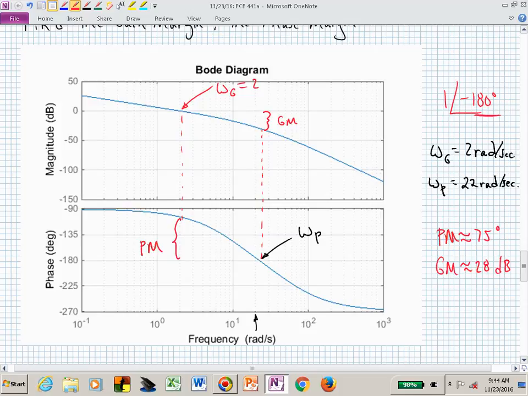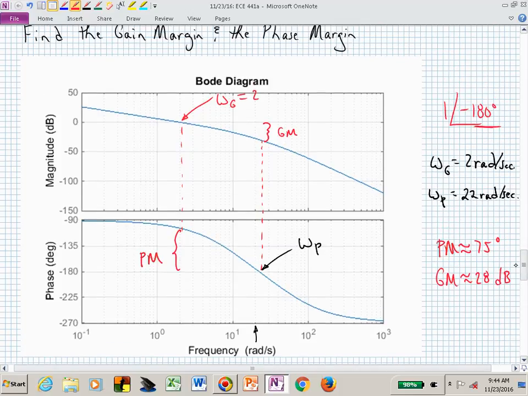Questions on stability margins. If these are negative, your system's unstable. And what we will learn is if we want to make our phase margin bigger, then what could we do? Well, we could lower our magnitude curve to make it cross 0 dB sooner, and then we get more phase. Or we can start shaping the phase curve, and that's where this phase lead and phase lag description come into play.